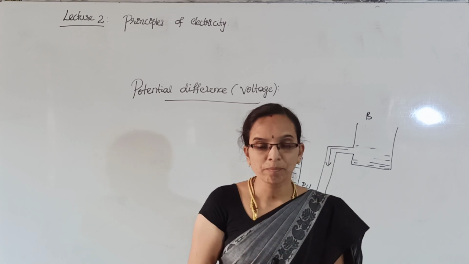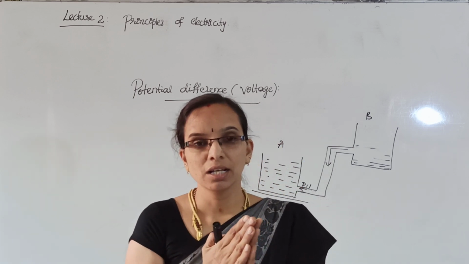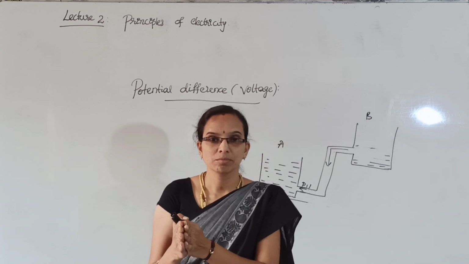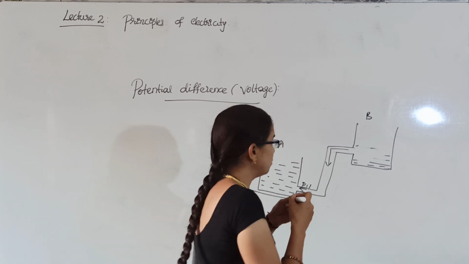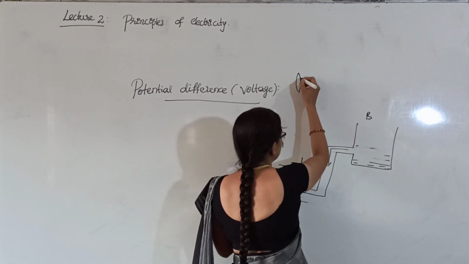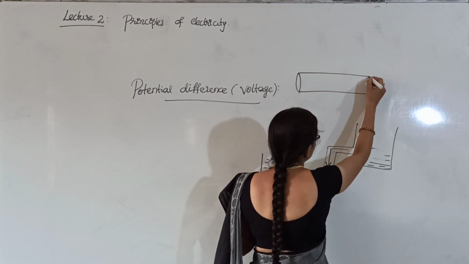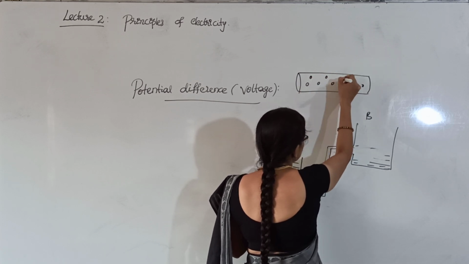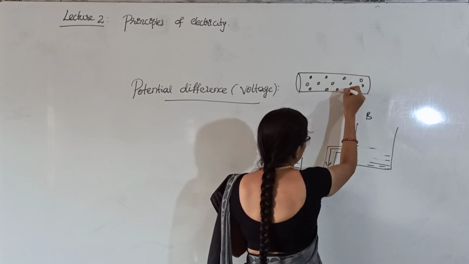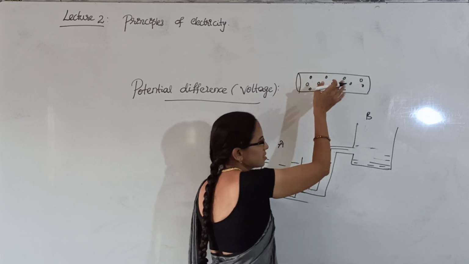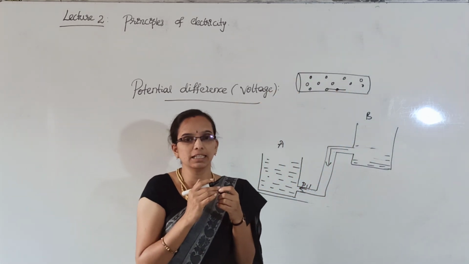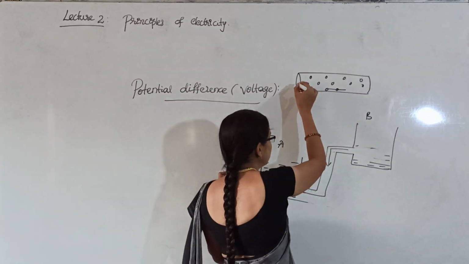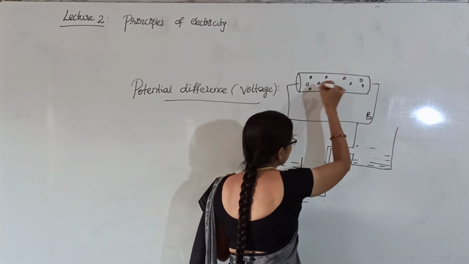In the same way, if the charge is to be moved from one point to another, for example in a conductor, there will be charges moving freely inside the conductor. So you want that charge to be moved in this wire.